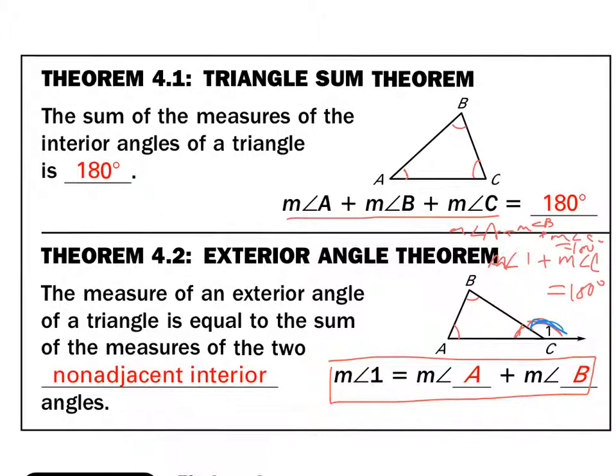And that's because of the triangle sum theorem right on top. And now we can say the measure of A and B together equals the measure of angle 1, that exterior angle non-adjacent to these two angles. So that's the reason. If you know the triangle sum theorem, and you all know it from middle school, you should be able to prove the second theorem, which is exterior angle theorem.